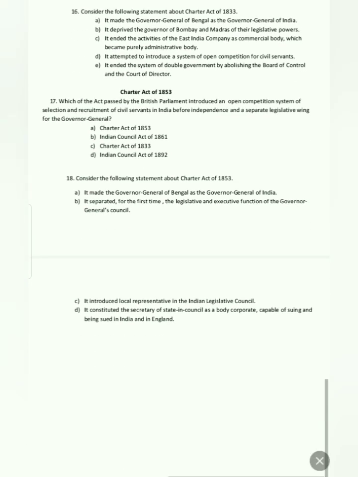Which of the following acts passed by the British Parliament introduced open competition for selection and recruitment of civil servants in India, and an independent and separate legislative wing for the Governor General? Option A, 1853. Consider the following statements about the Charter Act of 1853.